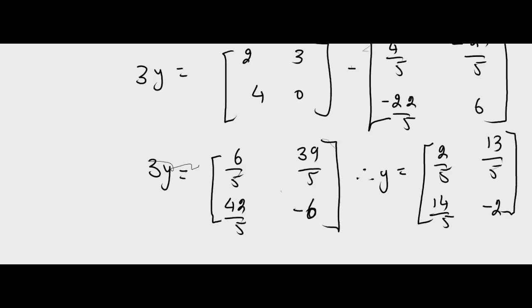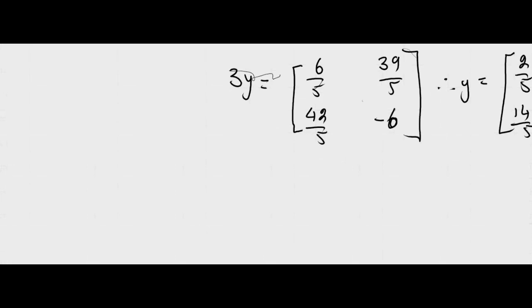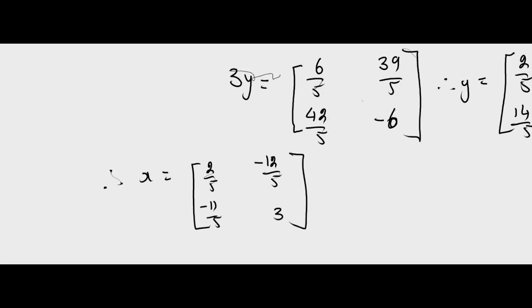Therefore y is equal to [2/5 13/5; 14/5 -2]. Therefore x is equal to [2/5 -12/5; -11/5 3], and y is equal to [2/5 13/5; 14/5 -2].